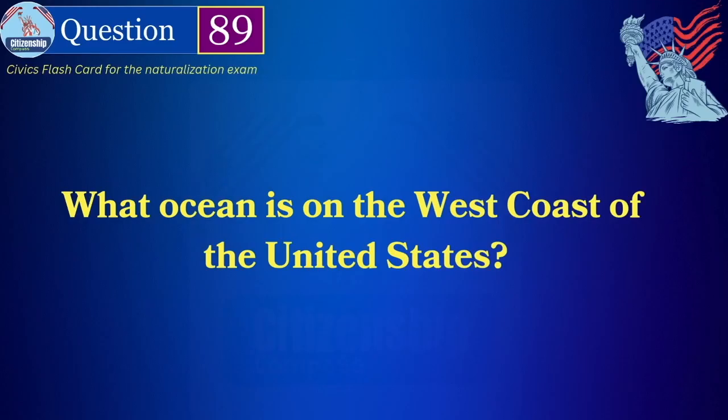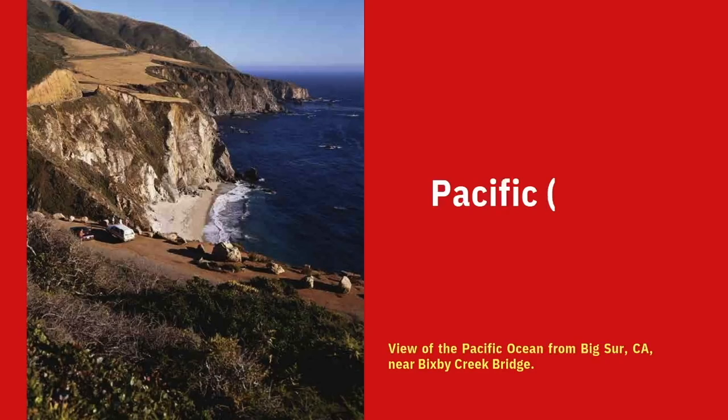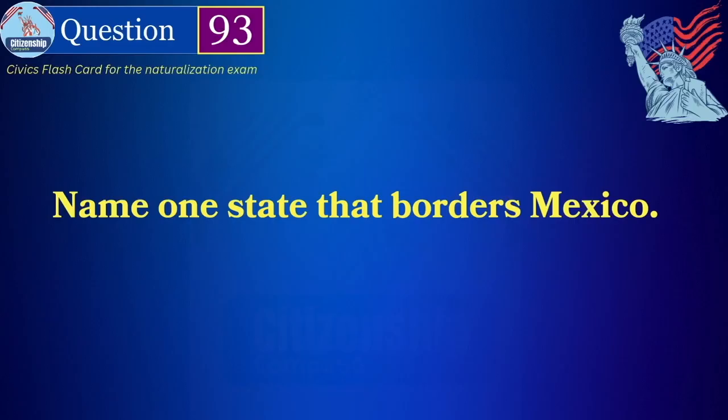What ocean is on the west coast of the United States? Pacific Ocean. Name one state that borders Mexico.